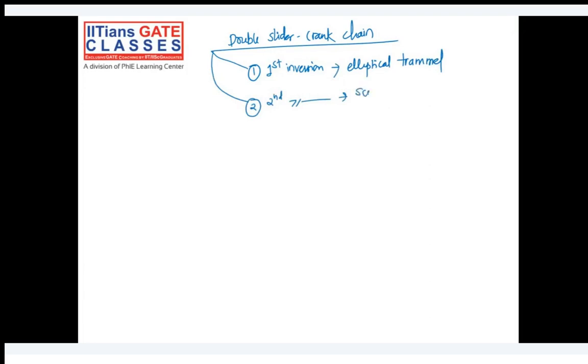That is called the third inversion, and the example is Oldham's coupling, which is used to join two shafts which have axial misalignment.